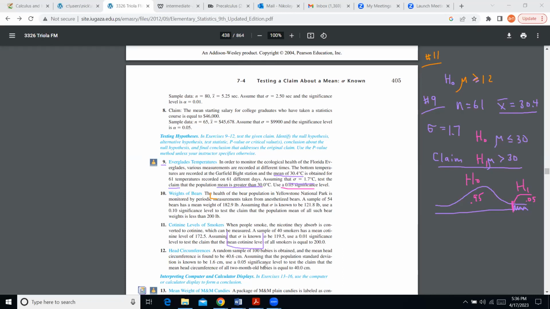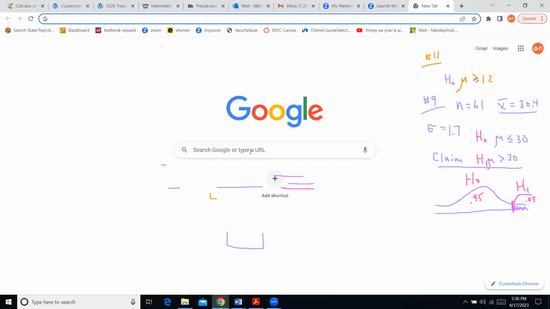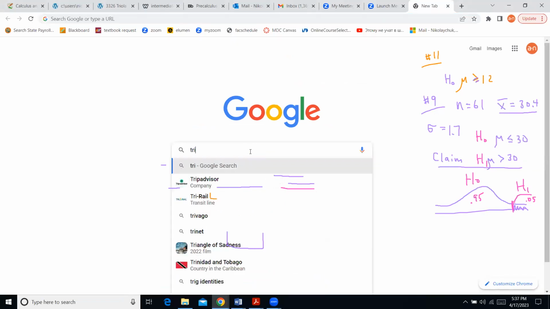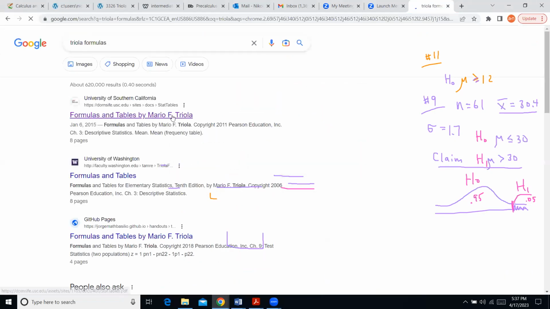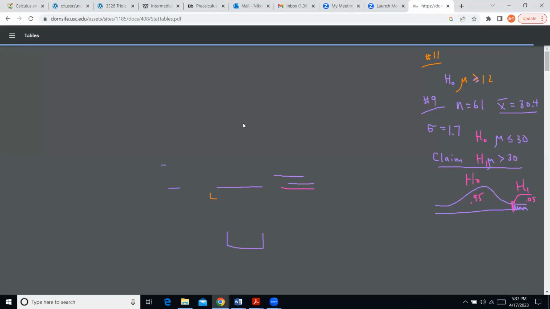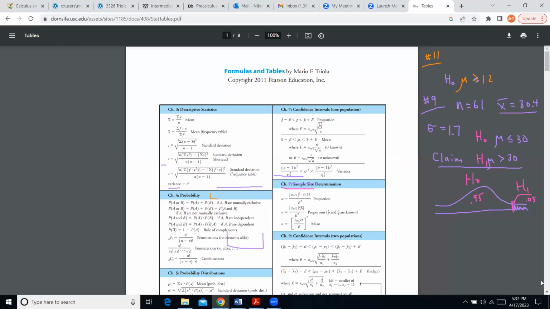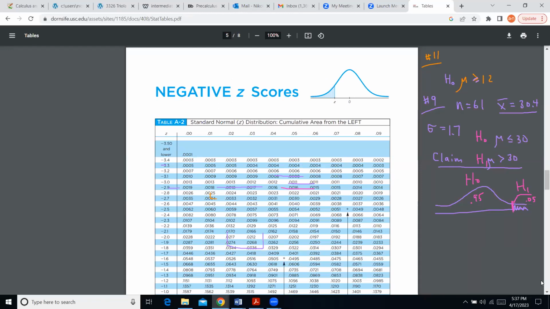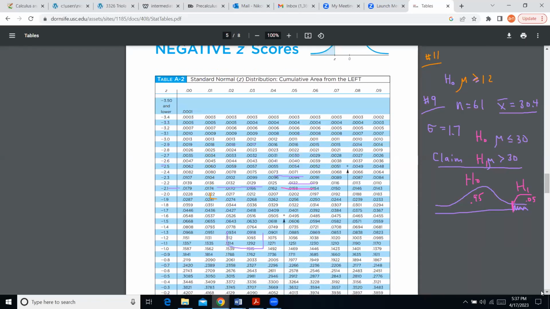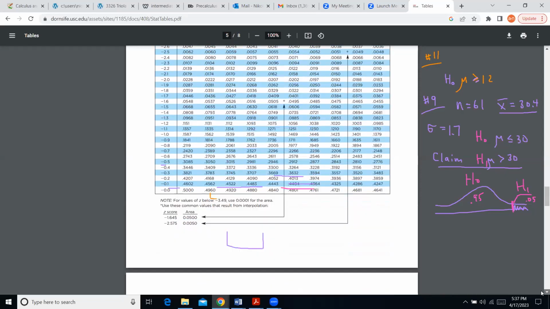Why do I need that 95%? Because I'm going to the tables. I need to know the cutoff number here. And once I get into this favorite Triola tables and formulas, in this choice I have the normal distribution tables and need to find 0.95 among the areas, right?